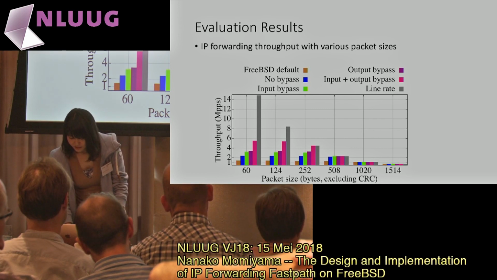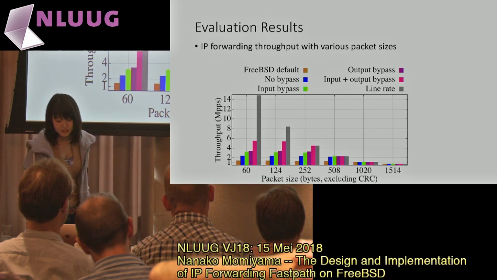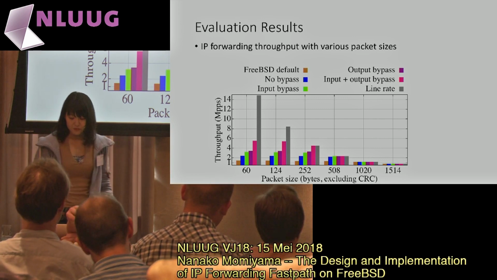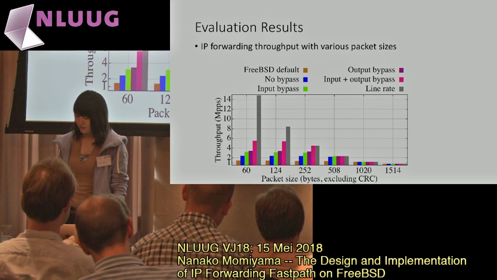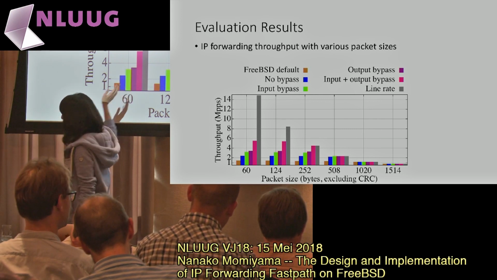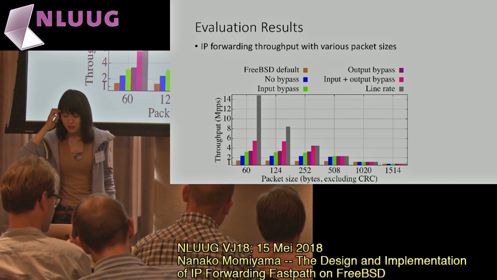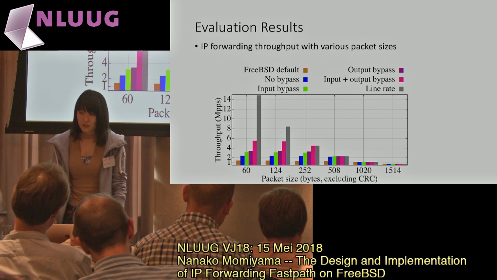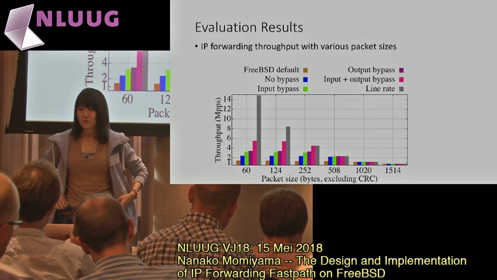And at the minimum size packet, our software increased the rate to over 5 million packets per second, which is a factor of 3.8 improvement of forwarding speed.